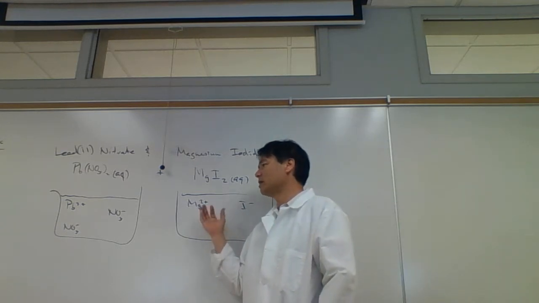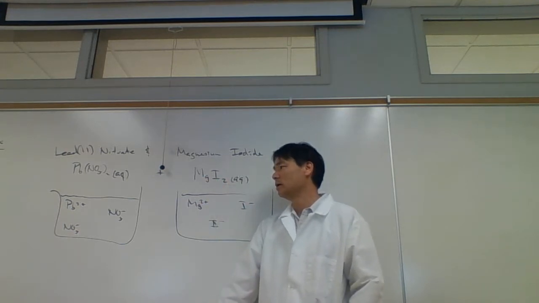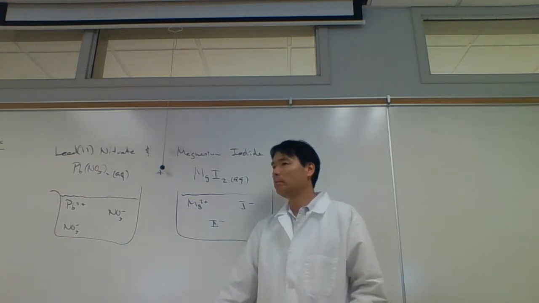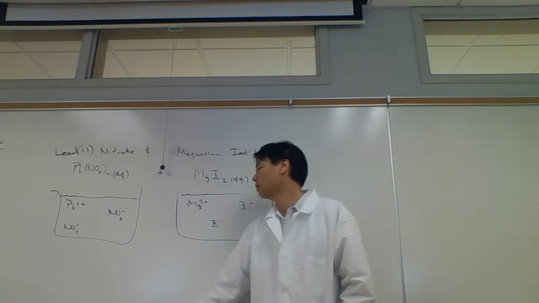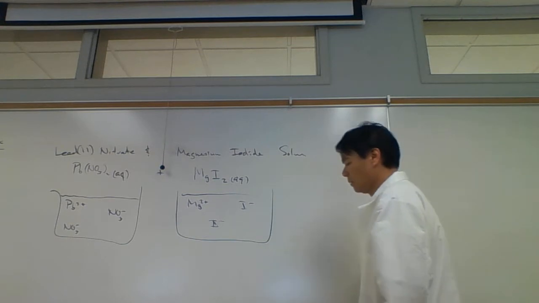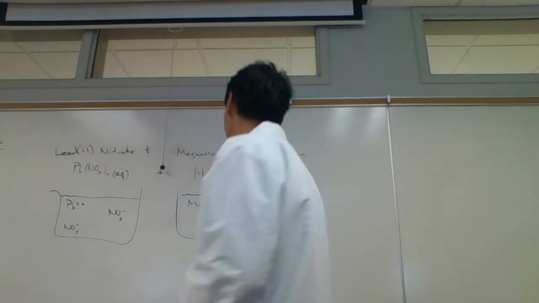It's favorable in the sense that once the water is gone, we can form solid magnesium iodide, which is a salt. The same thing with lead-2 nitrate. But the bonds holding the ions together aren't super strong, so water can dissociate them. I mean, they are strong, because lead-2 nitrate and magnesium iodide do have fairly high melting points.